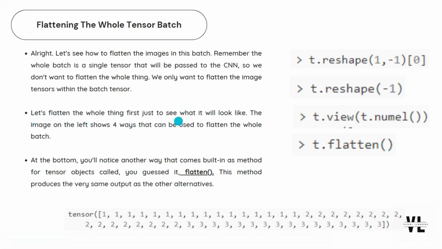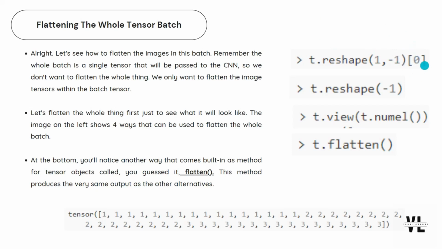Let's flatten the whole thing first, just to see what it looks like. The image on the left shows 4 ways that can be used to flatten the whole batch. If you want to flatten the whole thing, we can use the reshape operation first. We can specify 1 and then specify -1. As you remember, if we specify -1, it's going to calculate the shape by itself. Since we have an incoming 3 by 1 by 4 by 4, they're going to be multiplied and replaced here.